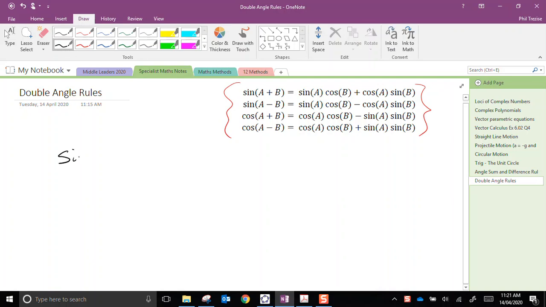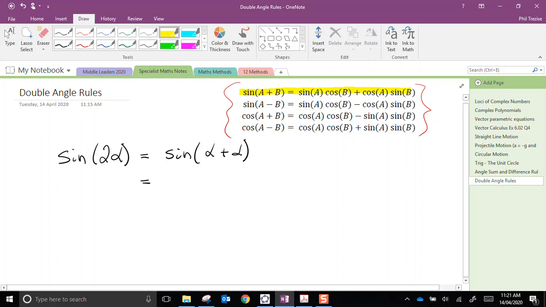If we had sine of 2 alpha, we would think of this as the sine of alpha plus alpha, naturally enough, and then we would use our first rule here. So as we can see, it's the sine of the first angle by the cosine of the second angle.